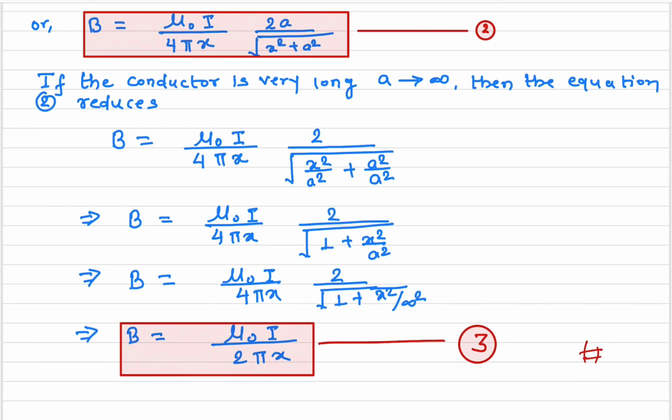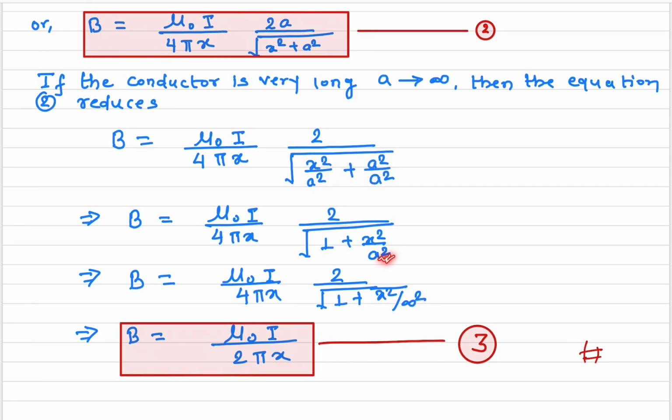So mu naught I divided by 4 pi x as it is, 2a, and I'm dividing both sides by a squared here, and you see the a cancels out. So if I do that, then x squared over a squared as it is, a squared over a squared will be 1.